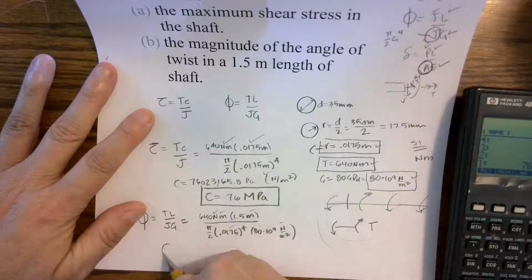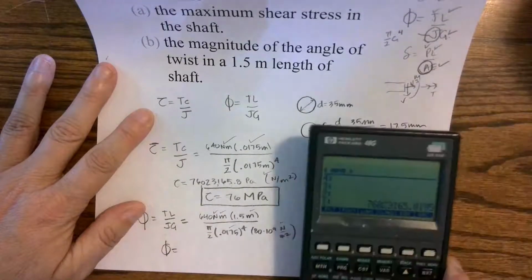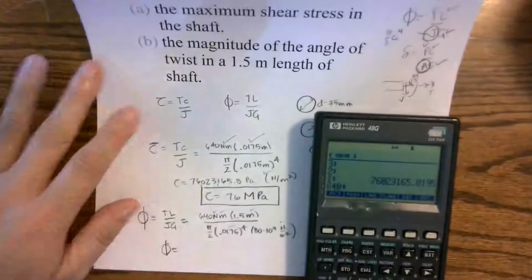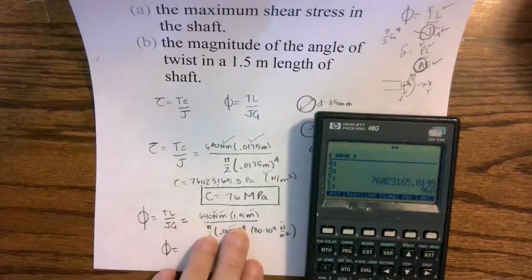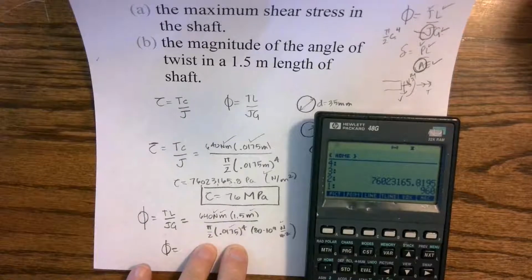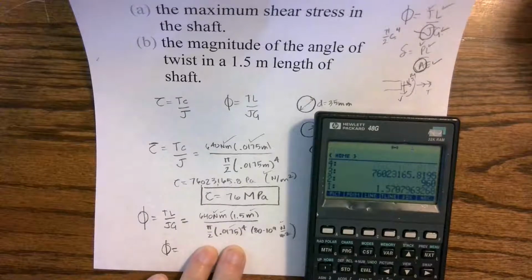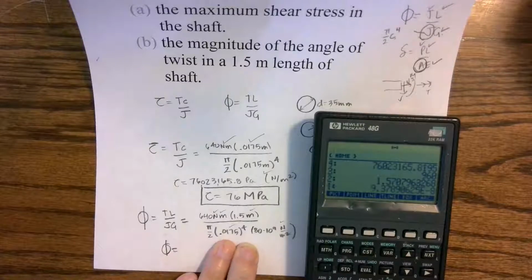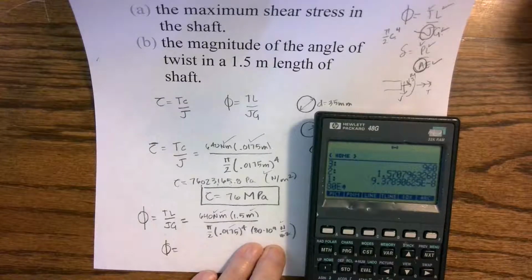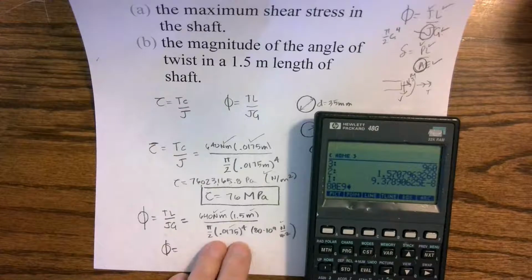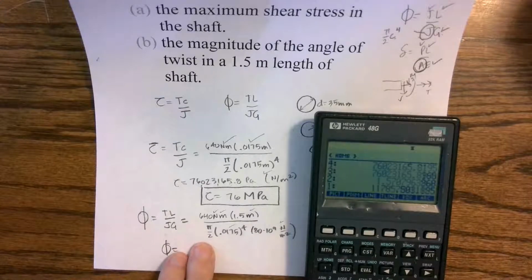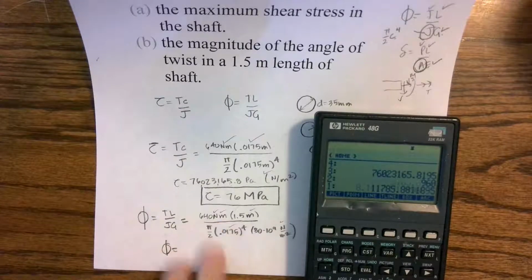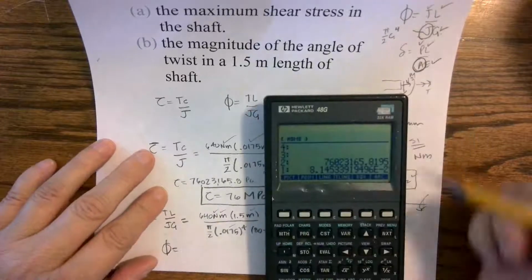And so now it's just a matter of multiplying. So I have 640 times 1.5 divided by pi as a number, divided by 2, divided by 0.0175 to the 4th, 80, 10 to the 9th. And I get this very tiny number, as I should.